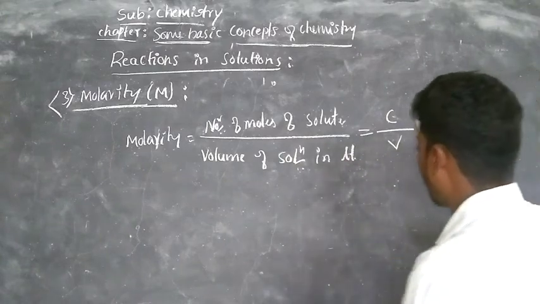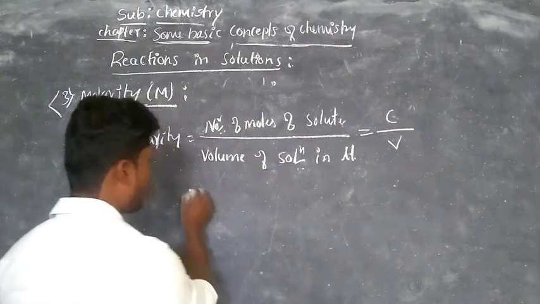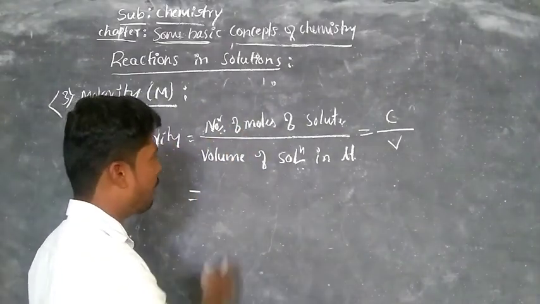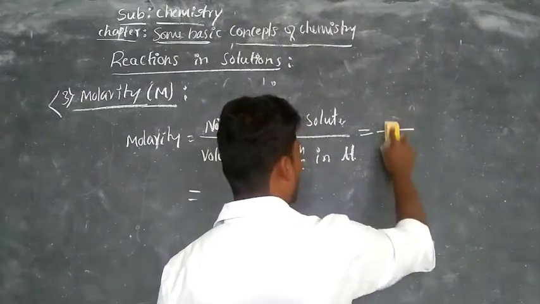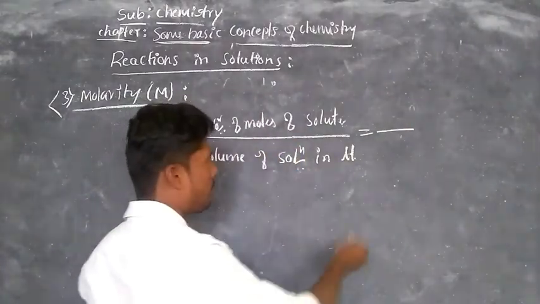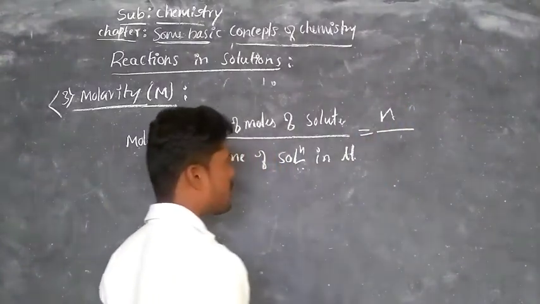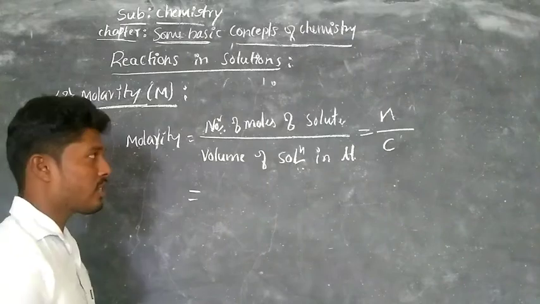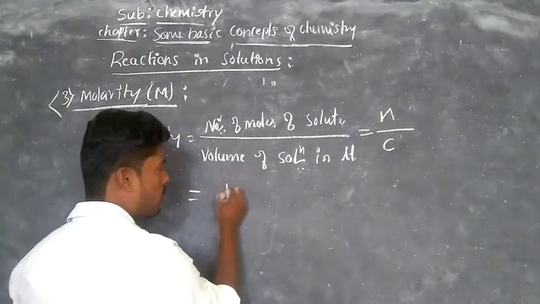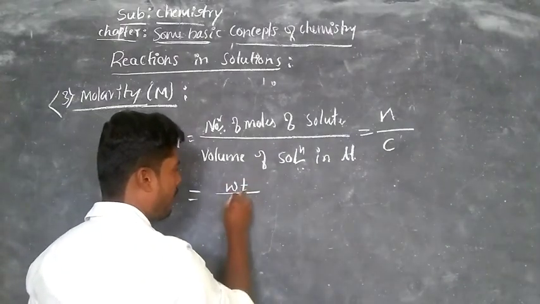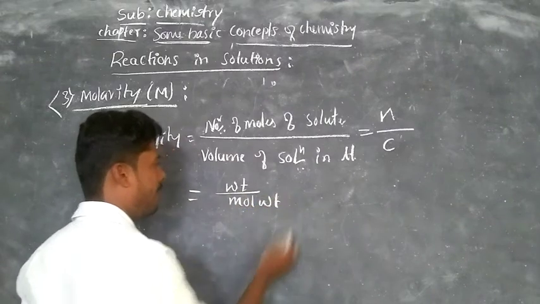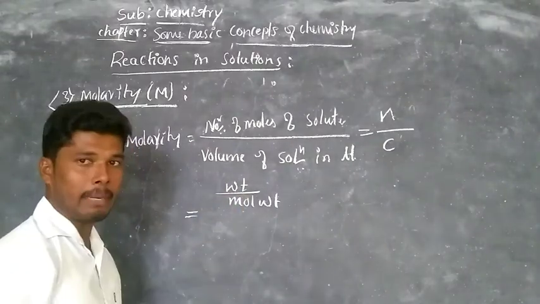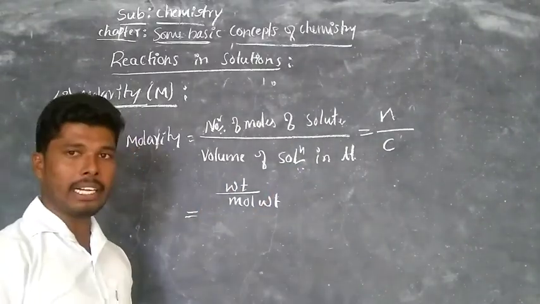So the number of moles of solute is indicated as N, and the volume of the solution in liters is the concentration term.